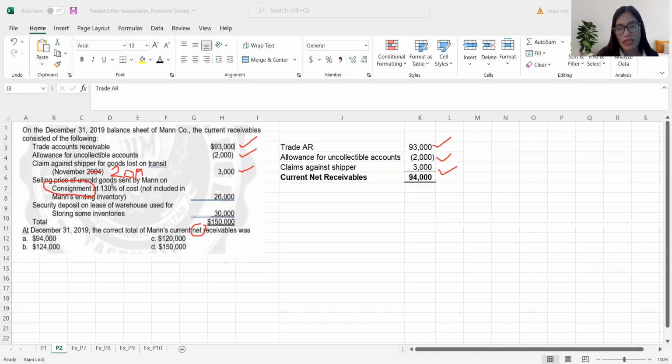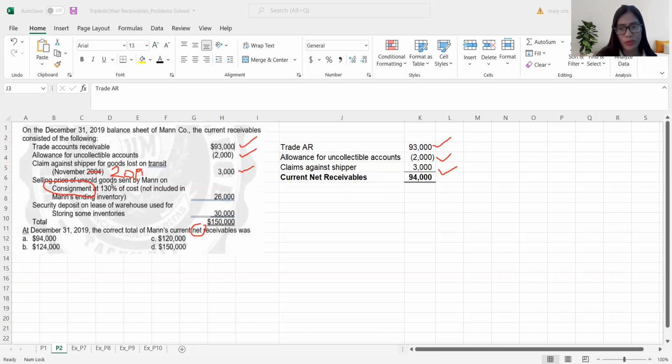So consignment is actually an arrangement, wherein there is what we call a consignor and a consignee. So dito sa consignment, ang mangyayari is that the consignor will just deliver goods to the consignee. If that goods ay hindi mabenta ni consignee, walang obligation si consignee na magbayad kay consignor.